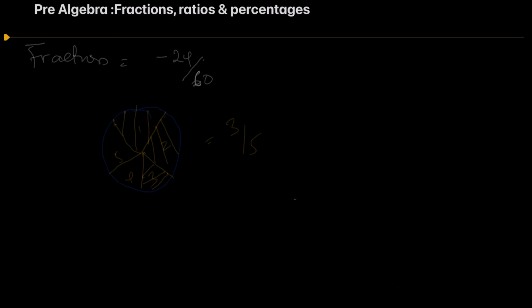So when you split the pizza into 5 equal parts, the person has 3 over 5 of it. This is the idea of what a fraction is. A fraction is a division of a certain whole, and that is the whole concept of what a fraction is.